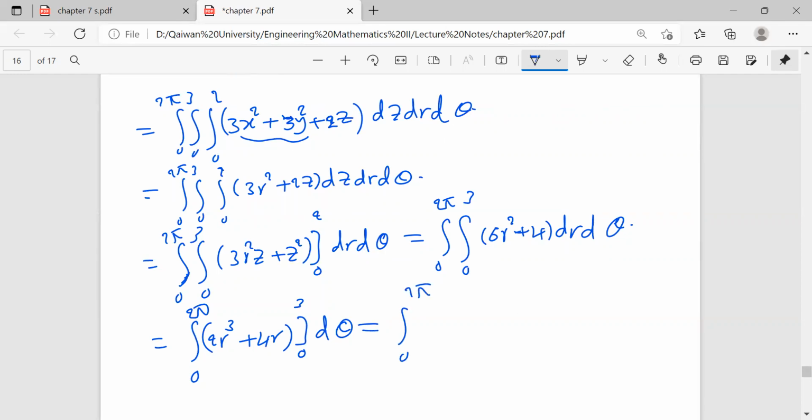If we replace r by 3, we get 54 plus 12, which is 66, d theta. Then we take the integration with respect to theta, we get 66 theta from 0 to 2 pi. We get 132 pi. This is the flux. It's 132 pi.